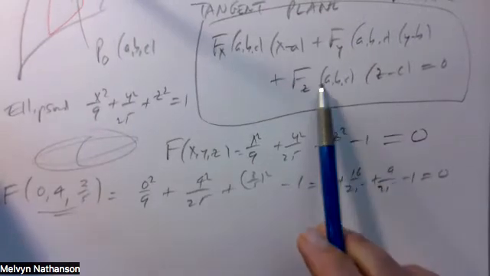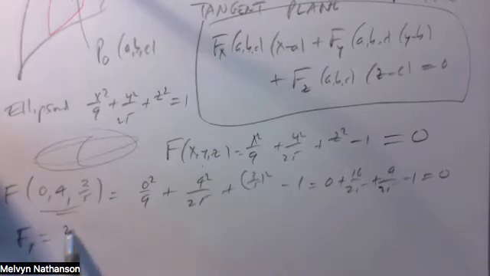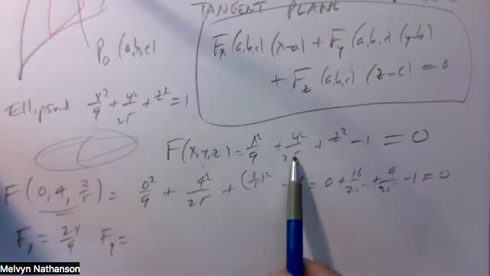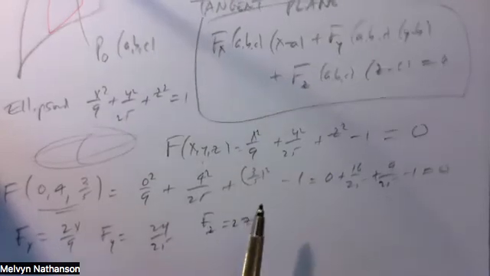And here's the tangent plane for this function f. The partial of f with respect to x is 2x over 9. The partial of f with respect to y is 2y over 25. The partial of f with respect to z is 2z.